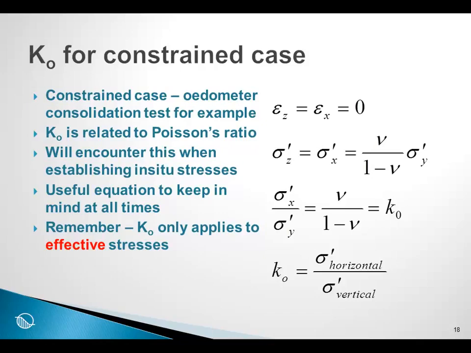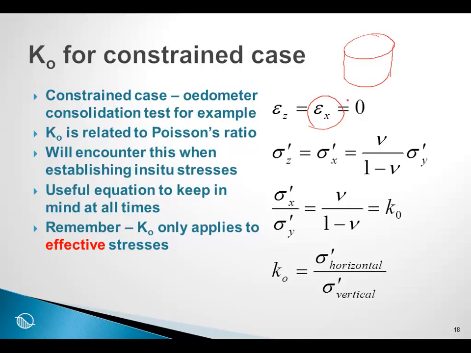By making strain Z zero, a plane strain case, we can go one step further, and that is what is called the K0 constrained case. We make also strain X equal to zero. This is like an odometer test where we have a ring and soil in a ring.